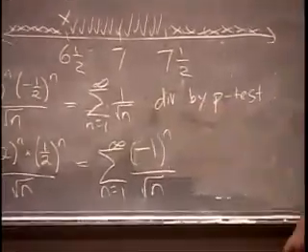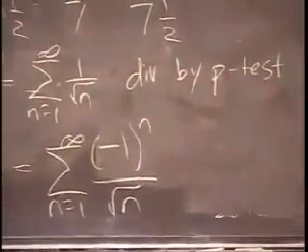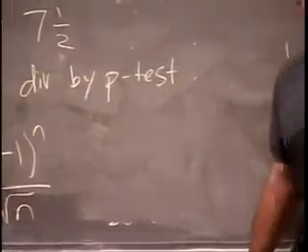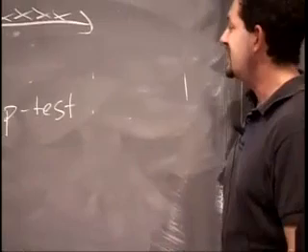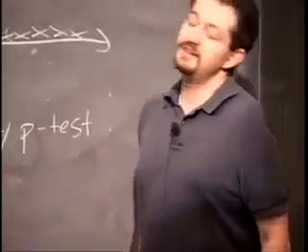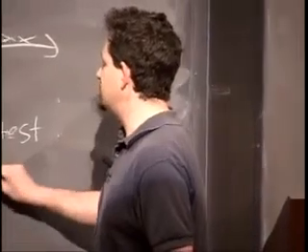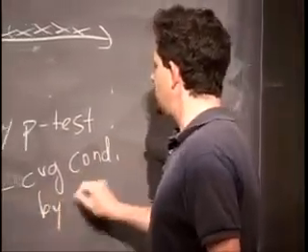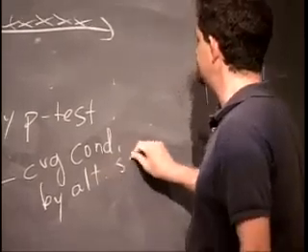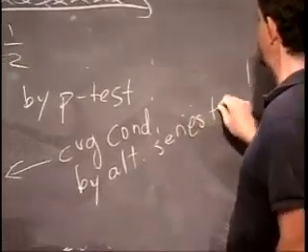However, I'm going to leave it to you to use the alternating series test. Remember, you have to check that it's alternating, that the terms are decreasing monotonically if you ignore the alternation, and also that the limit is 0. And you can show that, therefore, it converges conditionally by the alternating series test. There's a little bit of details for you to fill in there.